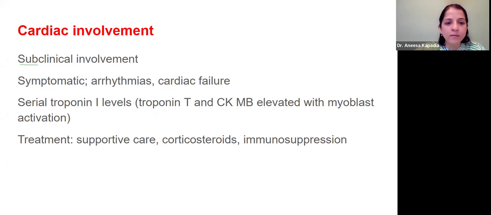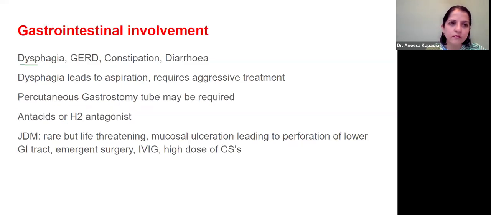So where we suspect cardiac involvement, we must do a troponin I serially and see how it increases. Also, in these patients, the overall treatment is immunosuppression and treating the disease itself. But of course, anti-arrhythmia measures or measures for cardiac failure may be required.